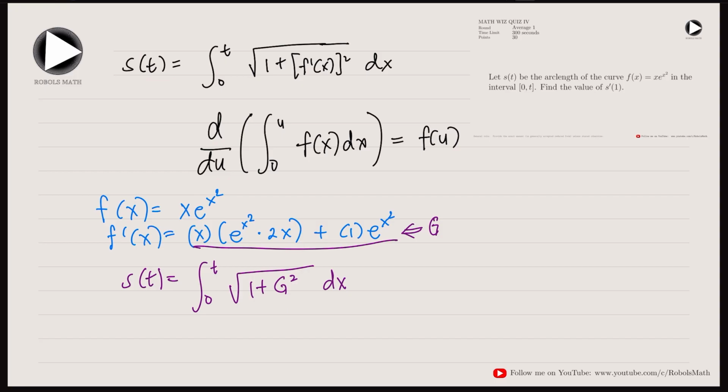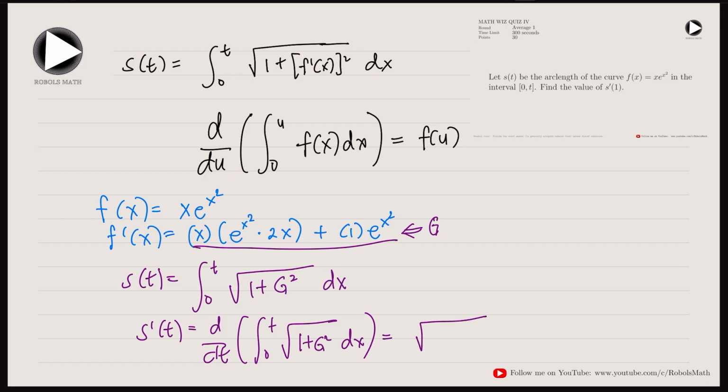Now, if we determine the derivative of s of t with respect to t, that's just s prime of t, which is d dt of this integral, square root of 1 plus g squared dx. So this becomes just the value of the integrand, the square root of 1 plus g squared, but evaluated at t. Get it? I'm just not writing the whole thing because it's long.